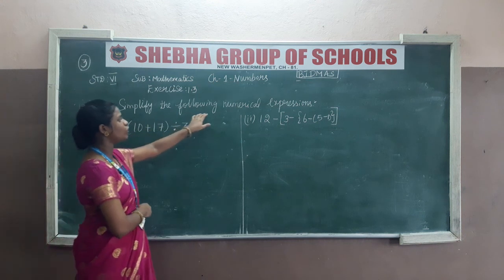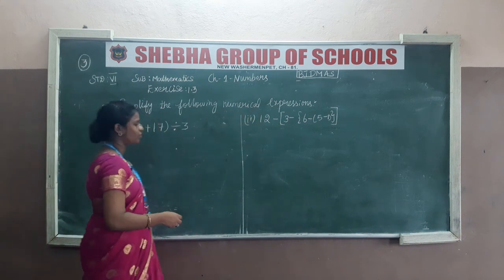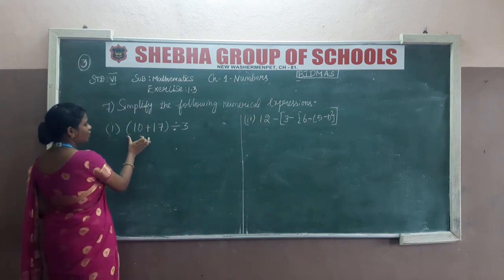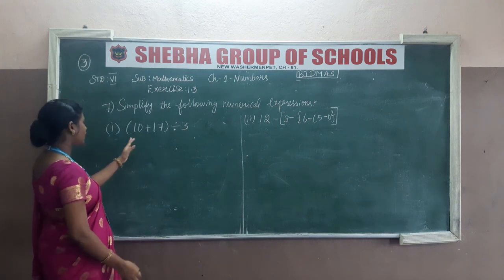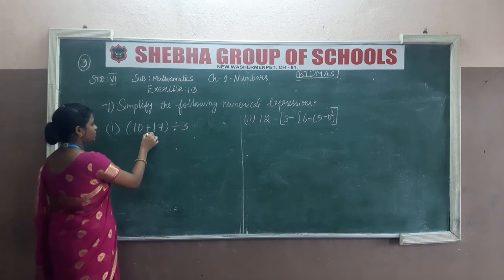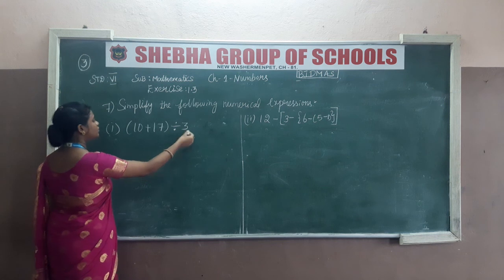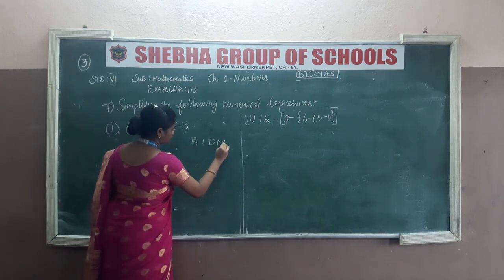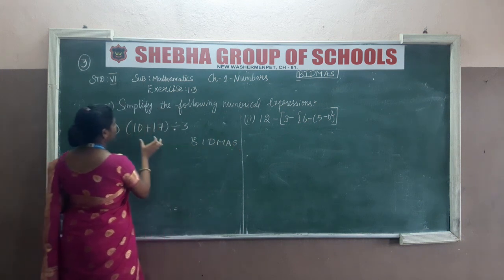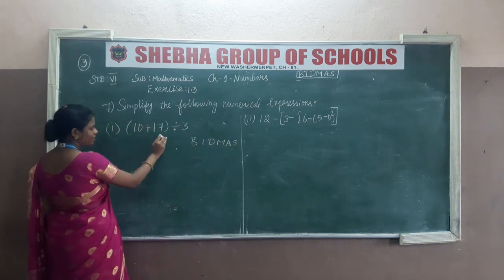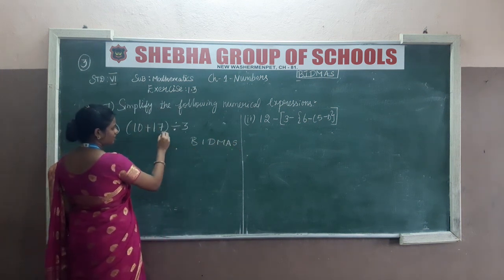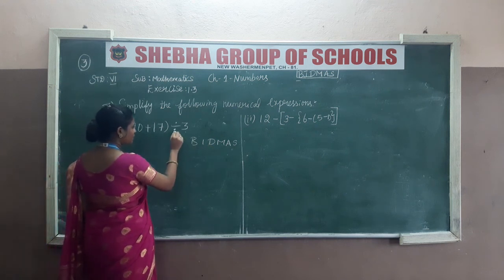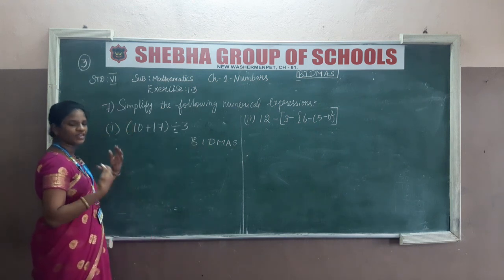Simplify the following numerical expression. Okay. For this question we have to use the BODMAS method. First question is 10 plus 17 divided by 3. First, any brackets? Yes, this is a bracket. Then any indices? No indices. Divisor and multiplication. So you have to first solve the bracket.